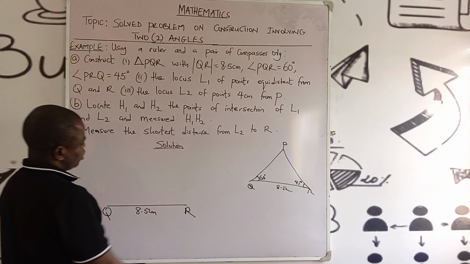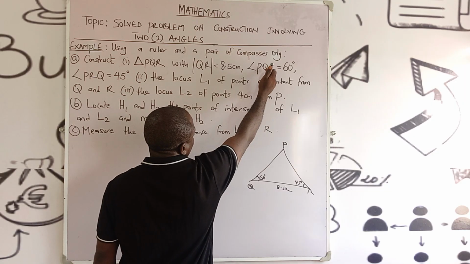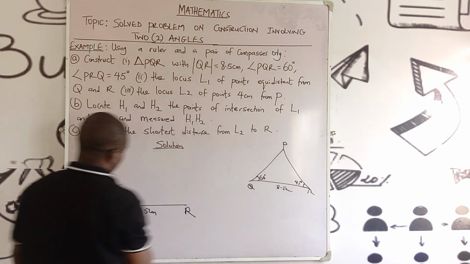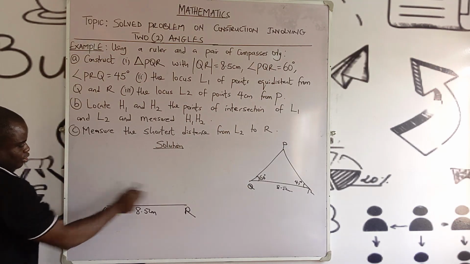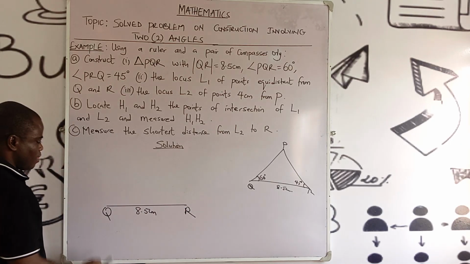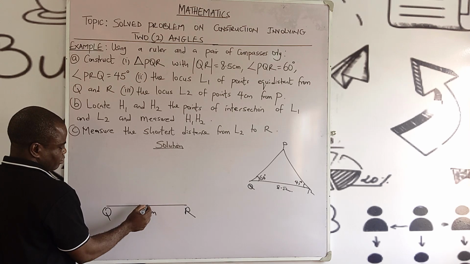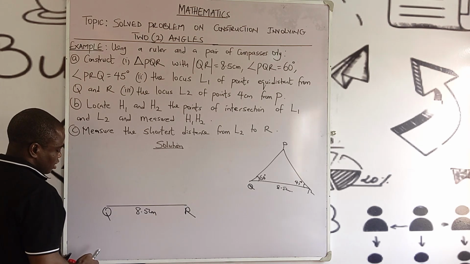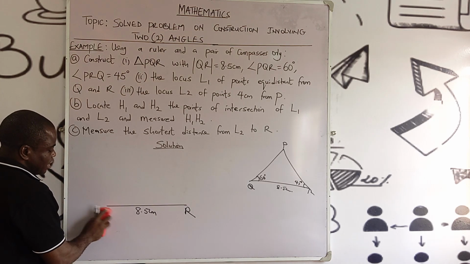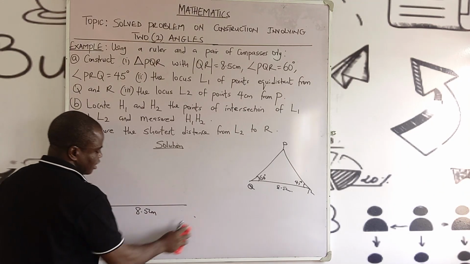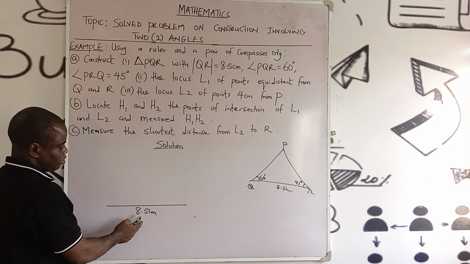How do you know? Now see, I'm giving angle PQR to be 60 degree. And when you are doing your construction, you put your compass here. You know the line will be longer than 8.5 centimeter.